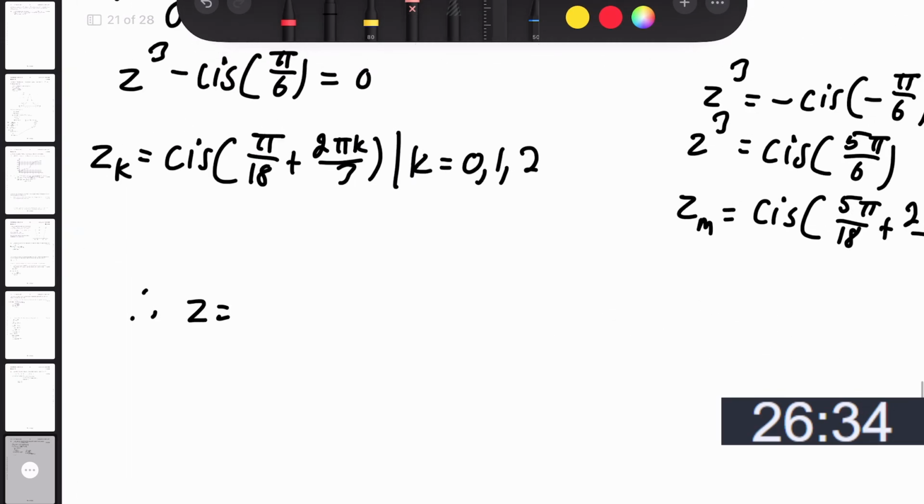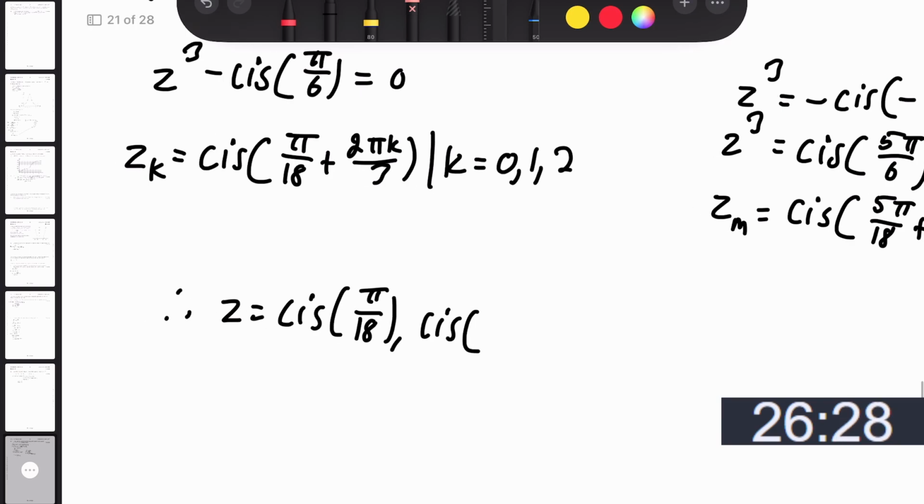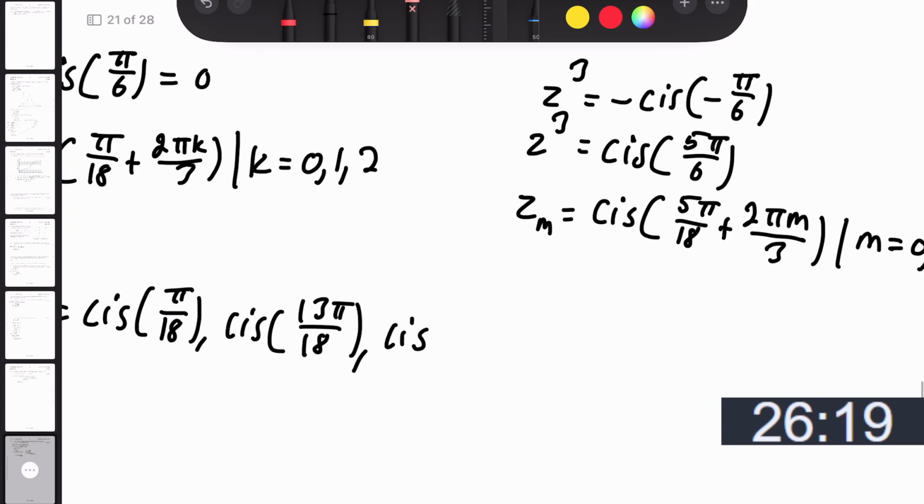Therefore, Z will equal cis pi on 18, cis. So I need to multiply this by 6, so this will be 13 pi on 18, cis.